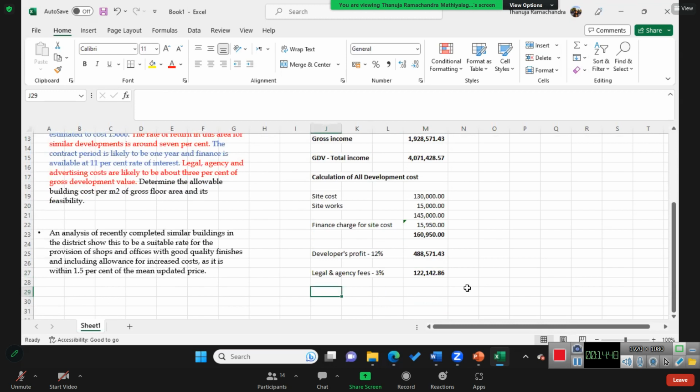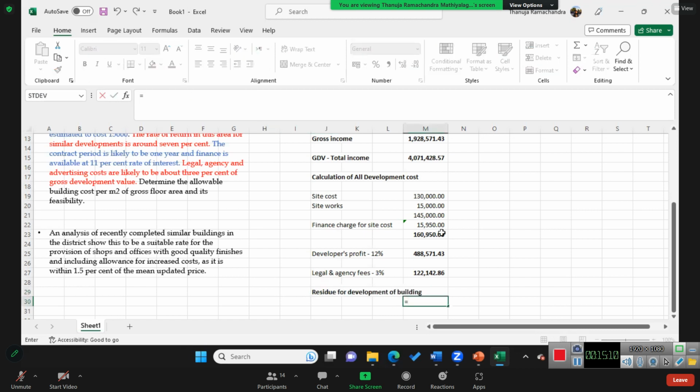So we can calculate the residue for the development of building. How much is the balance, right? Development of buildings. That is, this is the development value minus the site cost.